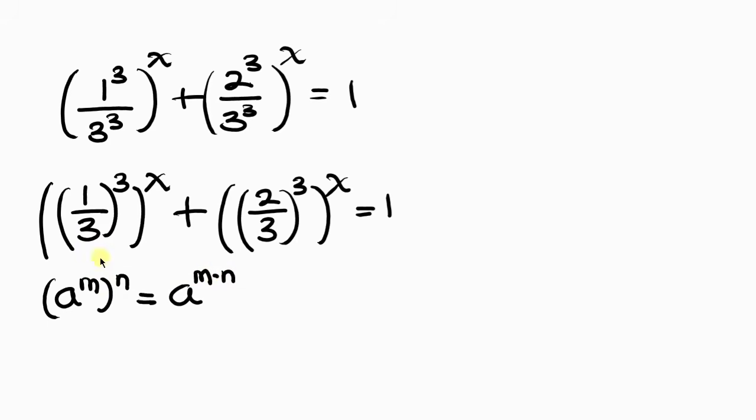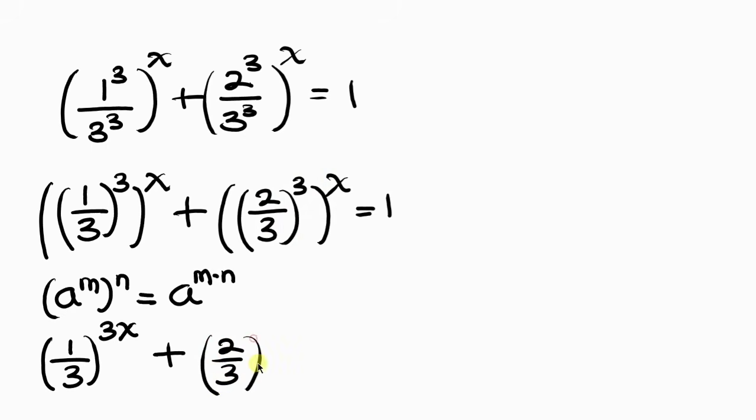That means this expression can now be written as 1 all over 3 all raised to the power, now let's multiply the powers, 3 times x gives 3x. Plus, we do this the same way. This can be written as 2 over 3 all raised to 3 times x, that is 3x. And this is equal to 1.